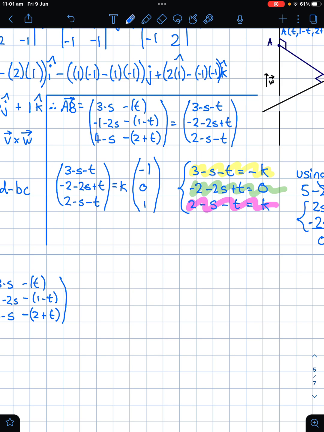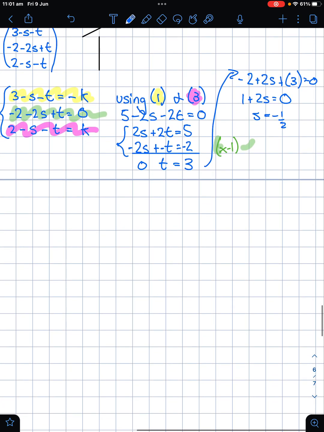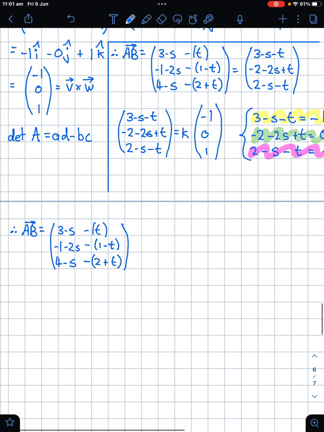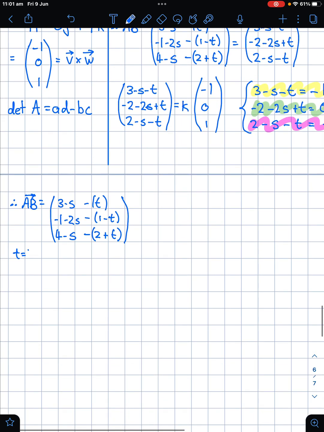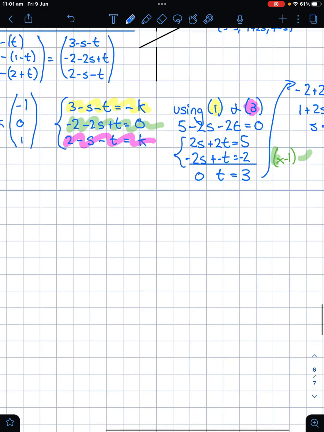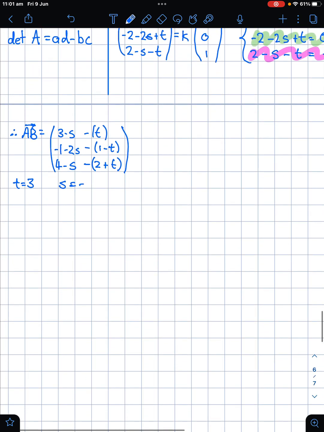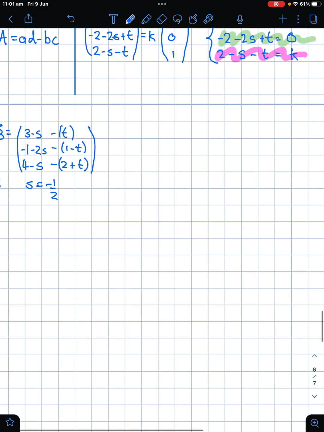We'll figure that out later. So we've got T, we've worked out that T equals 3, S equals negative a half. Okay, so we're going to sub those values in.